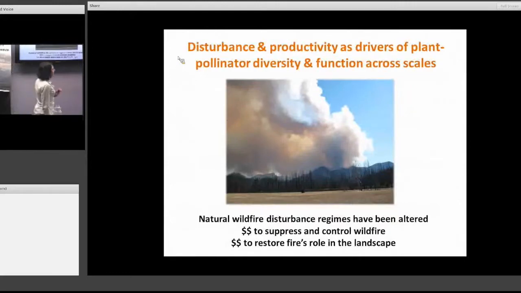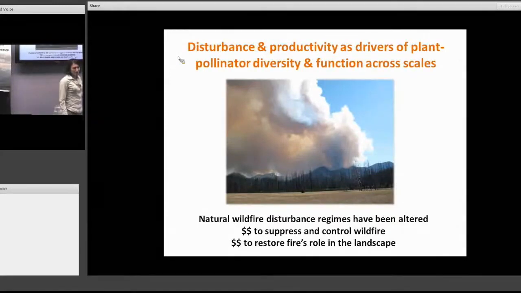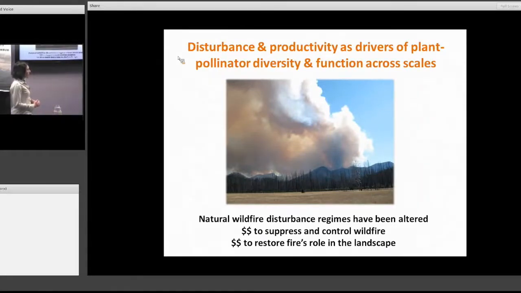As you guys probably know, wildfire is really important for ecological systems, maintaining diversity and driving patterns of species composition across space. We also know that wildfire disturbance regimes have been disrupted or changed over time and are predicted to become more intense and over larger spatial scales than they have before.